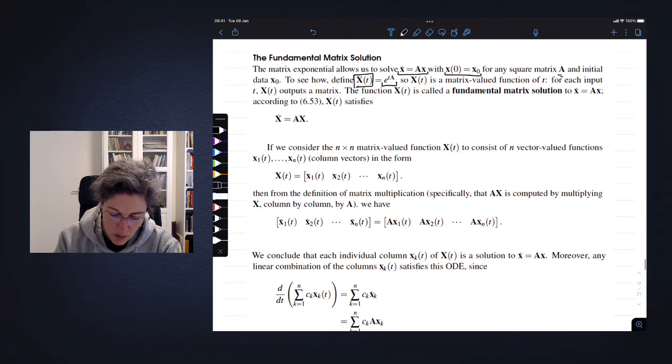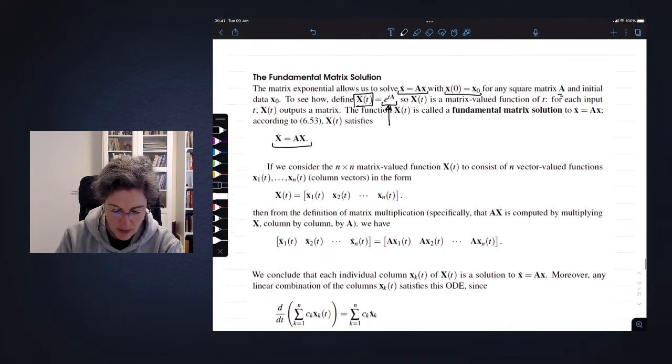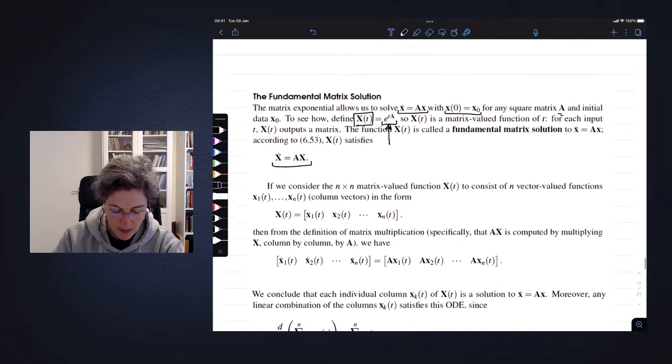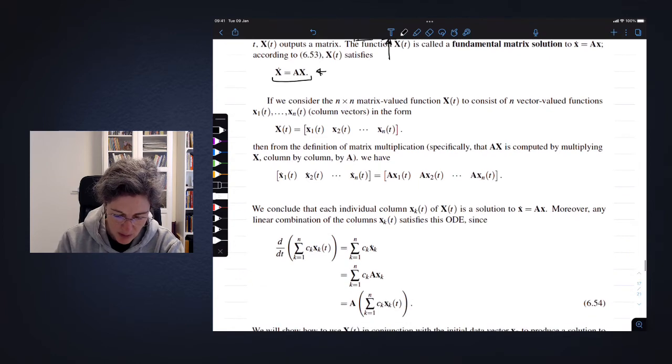And we can show that this matrix, which is called the fundamental matrix solution, satisfies this differential equation over here. And we know that because we've just shown that the derivative of this thing over here is a times the original thing.